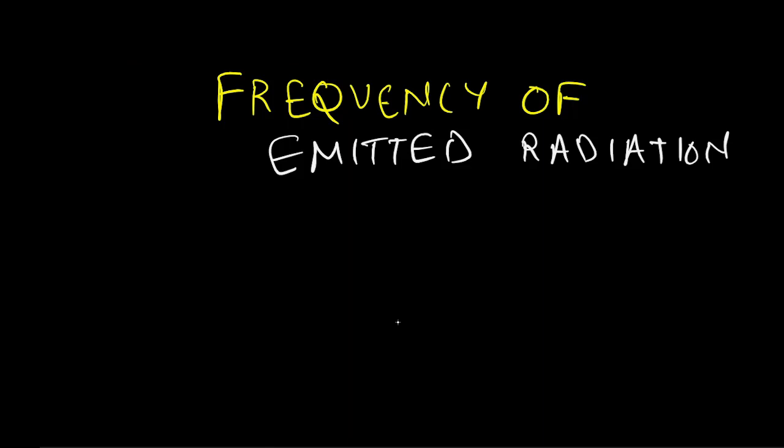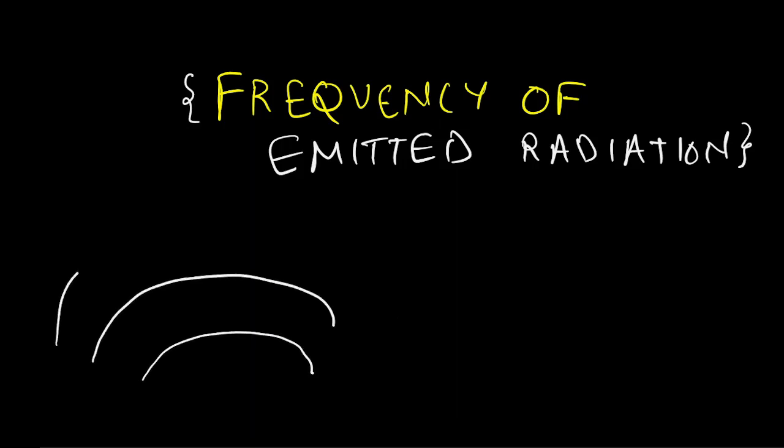In this video, we will be deriving the expression for the frequency of emitted radiation when an electron makes a transition. Simply from the postulate of the Bohr model, if you remember, whenever an electron makes a transition from a lower orbit to a higher orbit, it will absorb some radiation.